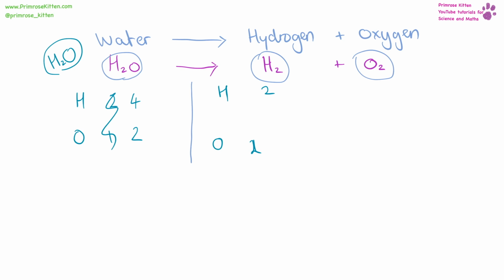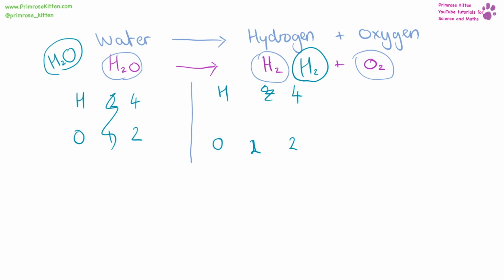So our oxygens are balanced, but now our hydrogens we have more on this side than we do on this side, so we need to add more hydrogens here. Again, the only thing we can do is to add a whole another bubble. We now have 2 hydrogens here, 2 hydrogens here, making 4 in total and 2 oxygens. So now we have 4 hydrogens on this side, 2 oxygens, 4 hydrogens and 2 oxygens.